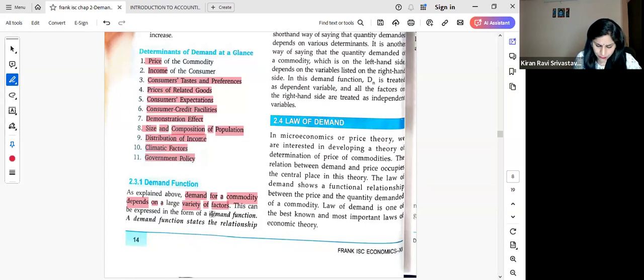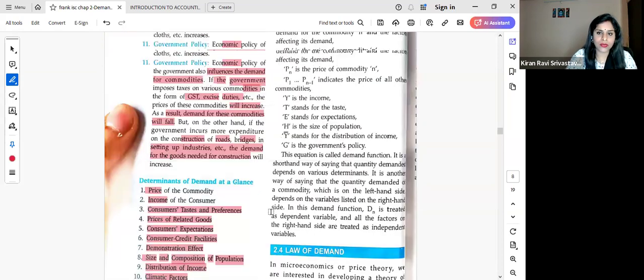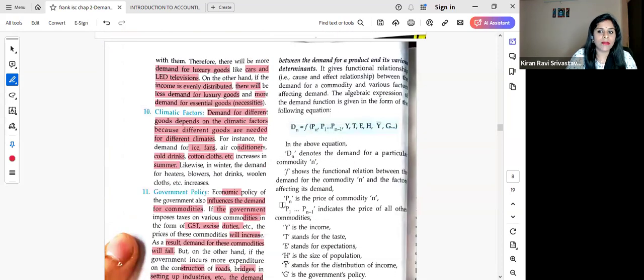So what is demand function? It is a function that states the relationship between the demand for a product and its various determinants. It is so easy.